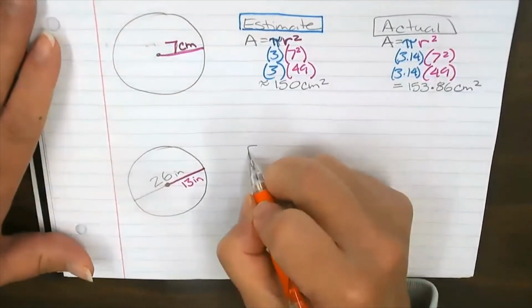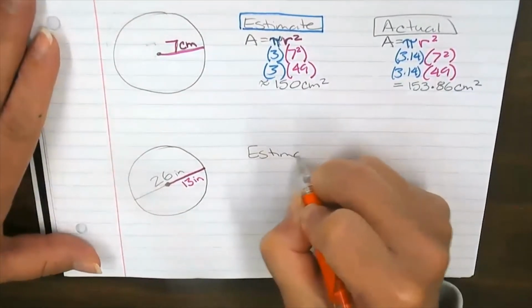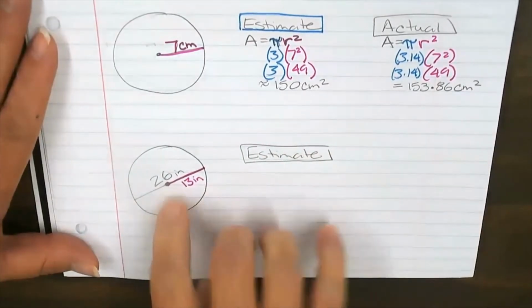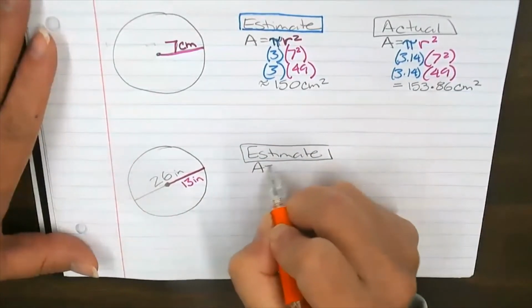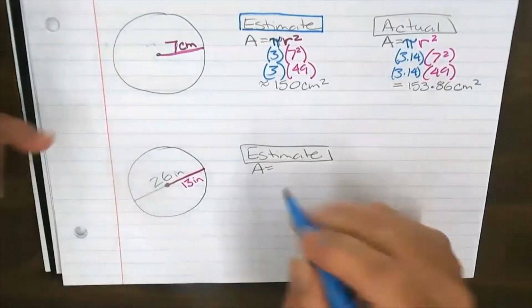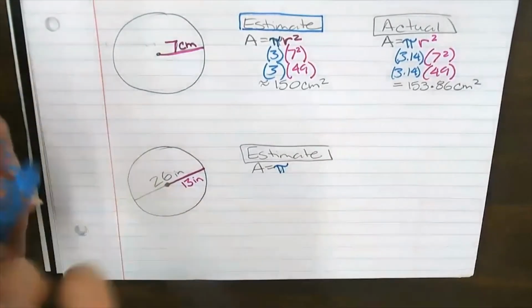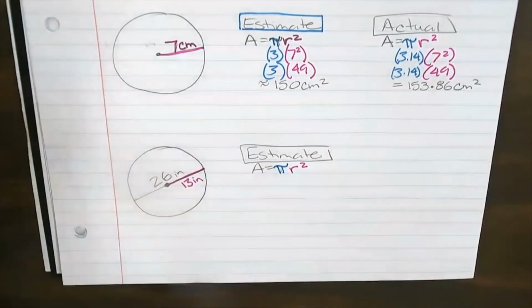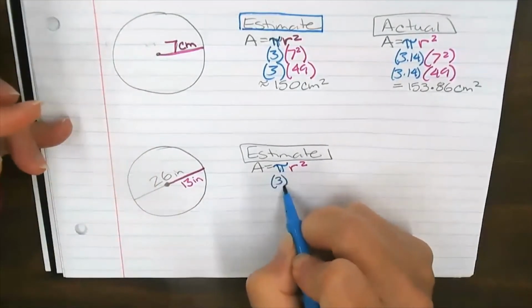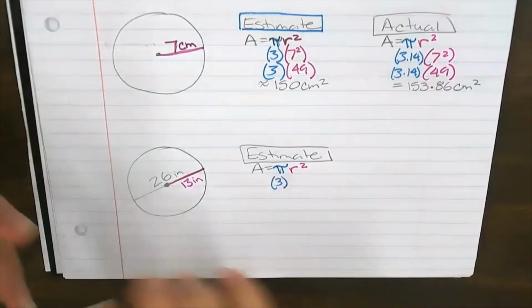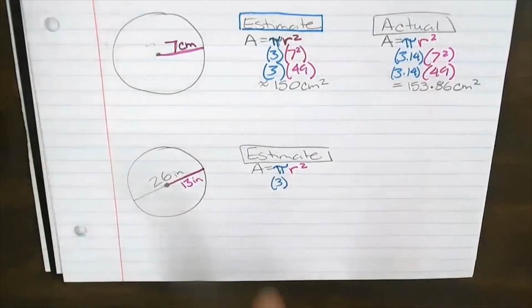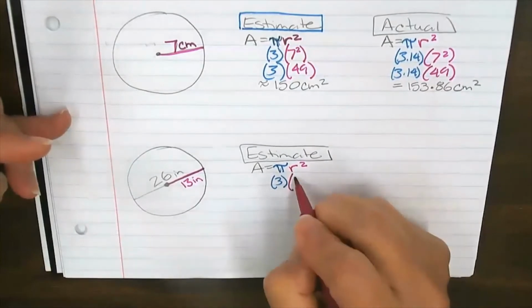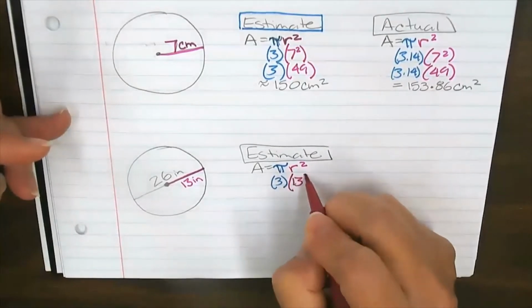So let's estimate the area of this circle. So area is equal to pi r squared. And when we're estimating, we're going to estimate pi to be 3. It's easier to work with than 3.14. I can do it in my head. The radius is 13 squared.